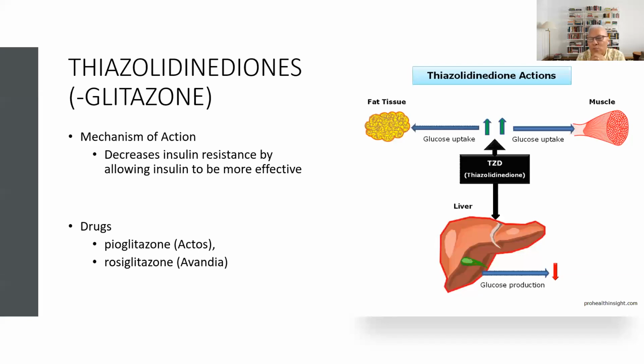That's the reason why they're called insulin sensitizers. Examples of this drug would be pioglitazone, or Actos, which is a very common drug, as well as rosiglitazone, or Avandia. These are the two drugs of this class.